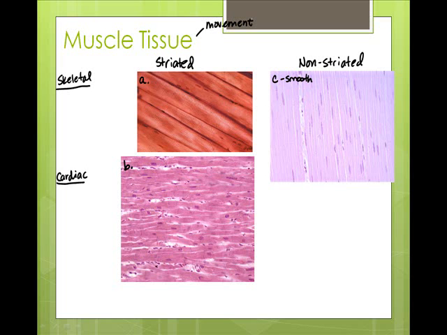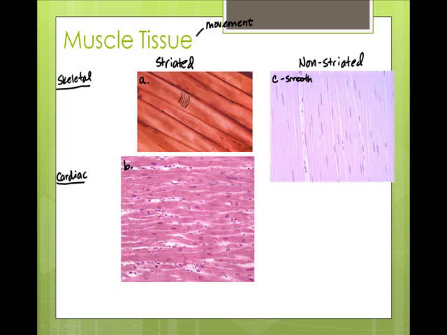We are going to divide muscle tissue into two groups first, striated and non-striated. And you can see probably here in picture A the little lines that are going across the muscle fiber itself, the muscle cell itself.